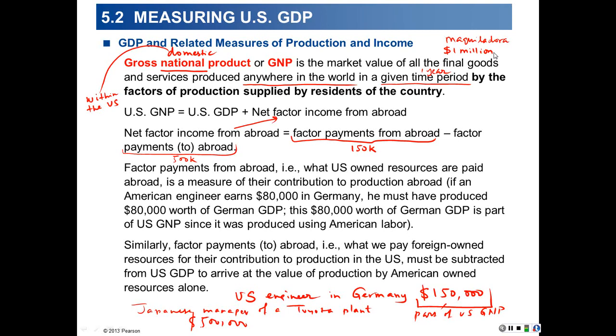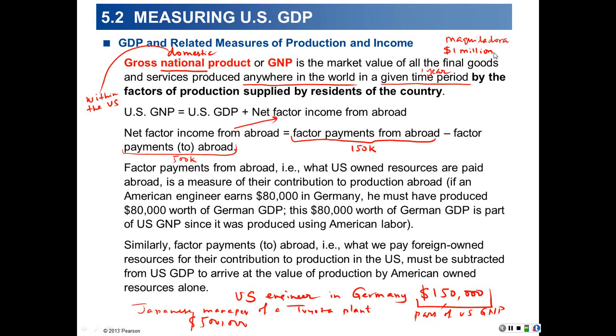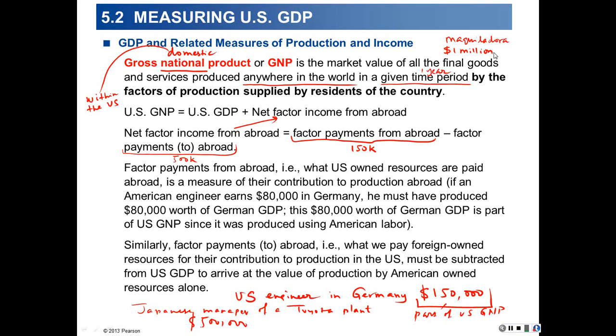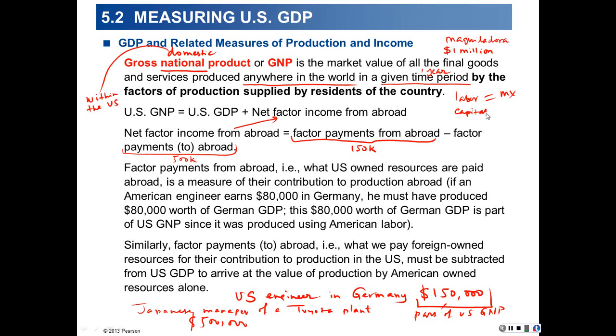Not all of it. You have to break up this million into two parts: that contributed to by Mexican resources and that contributed to by American resources. Now in that factory, what is the American resource and what is the Mexican resource? Well, the labor is clearly Mexican. The capital is American.